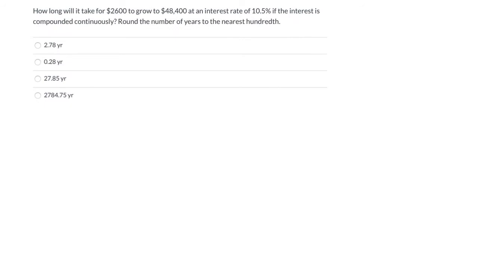Last one, how long will it take 2600 to grow to 48,400? An interest rate of that. Now it says compounded continuously. That's important right there. So we have two formulas. P of t is equal to P0 e to the kt, or we have amount is equal to principal times 1 plus the interest rate over compounding periods to the nt.